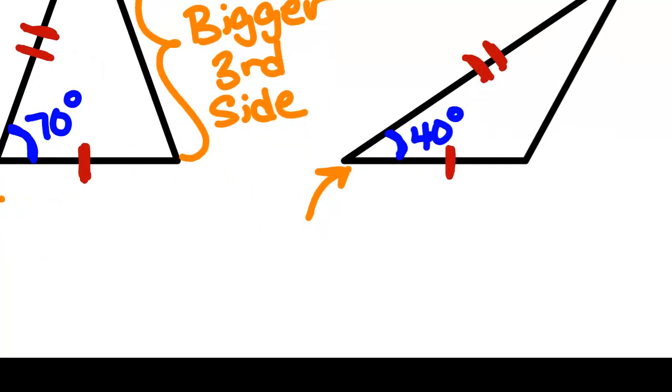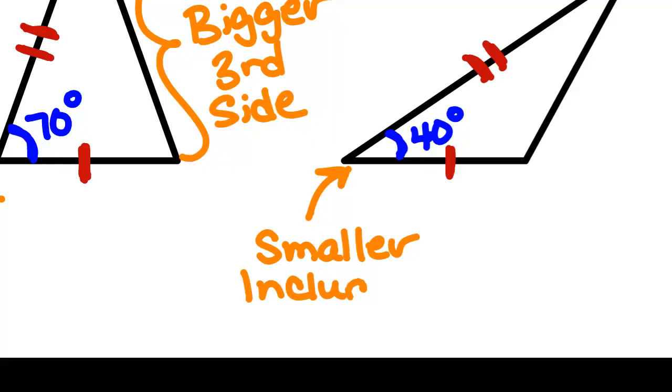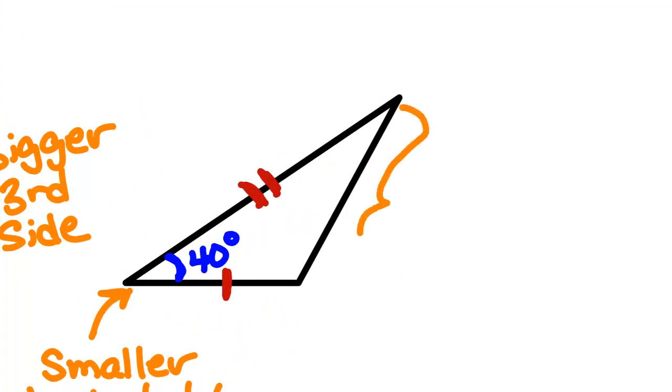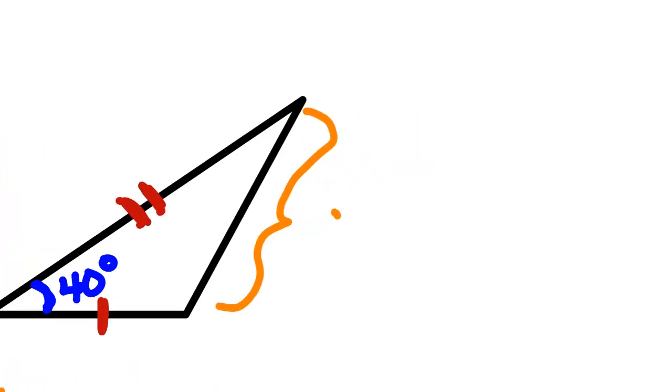This angle is the smaller included angle. So this side over here would be the smaller third side.